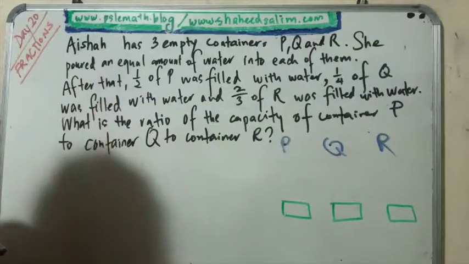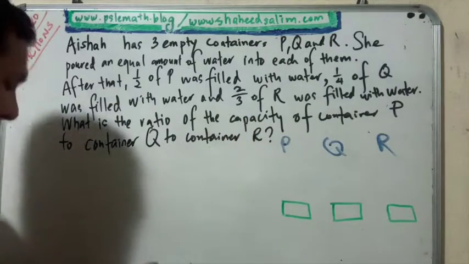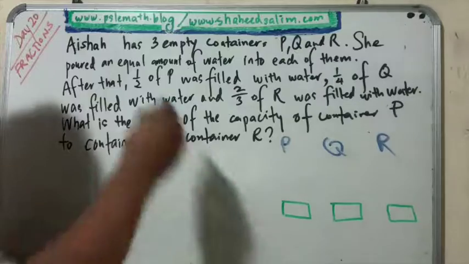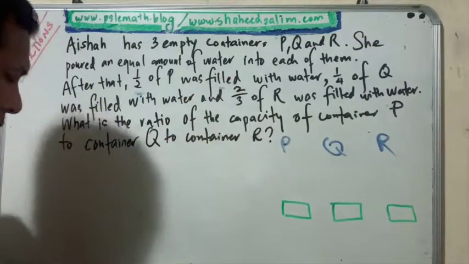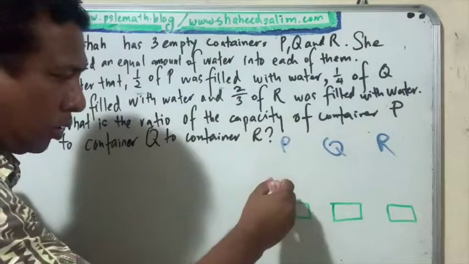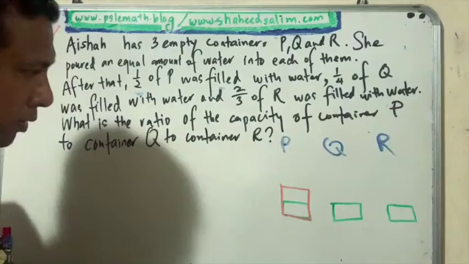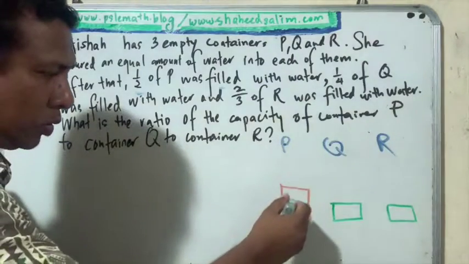It says that after pouring into container P, it was discovered that P was half filled with water. Half filled with water. So if this is the container, half of it was filled with water.